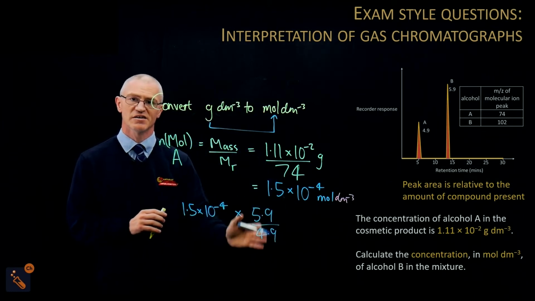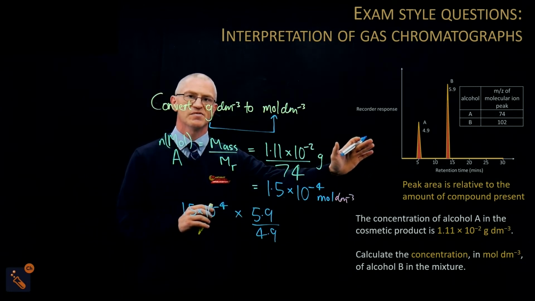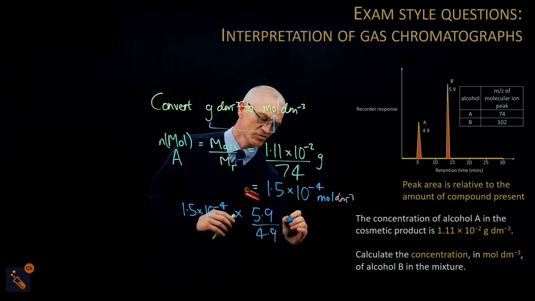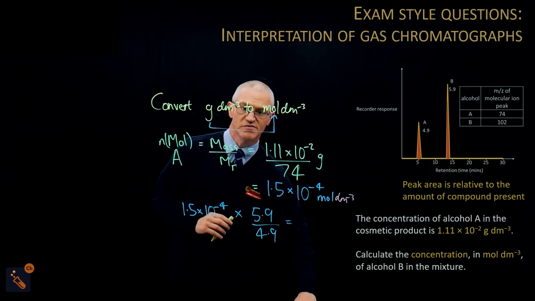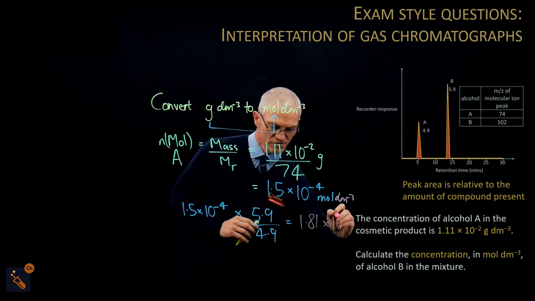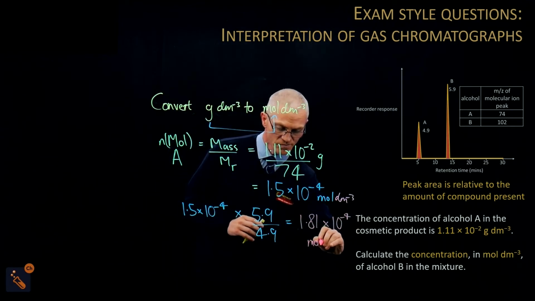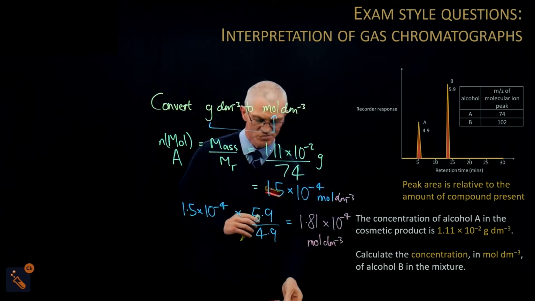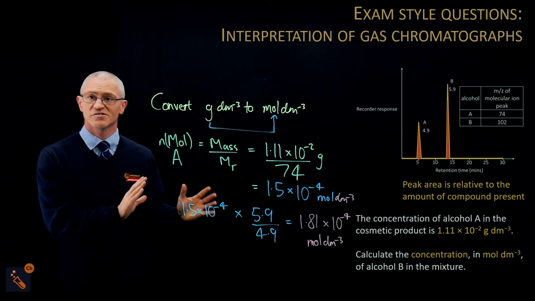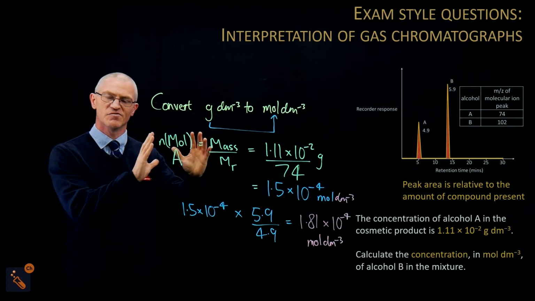So we've got a ratio there, and that will take it from the amount of A to the amount of B, which will equal our final answer. Our final answer equals 1.81 times 10 to the minus 4, and that is in moles per decimeter cubed.